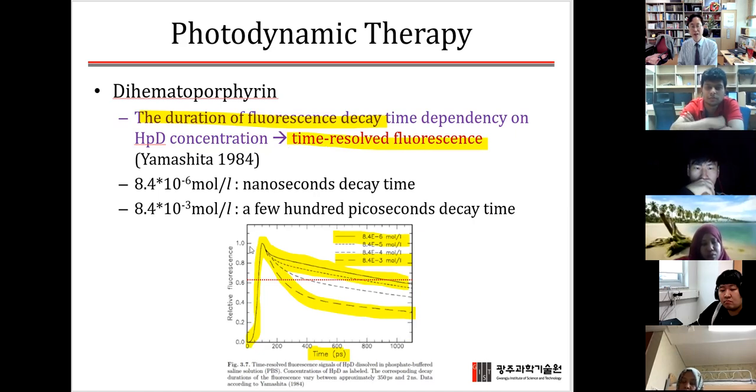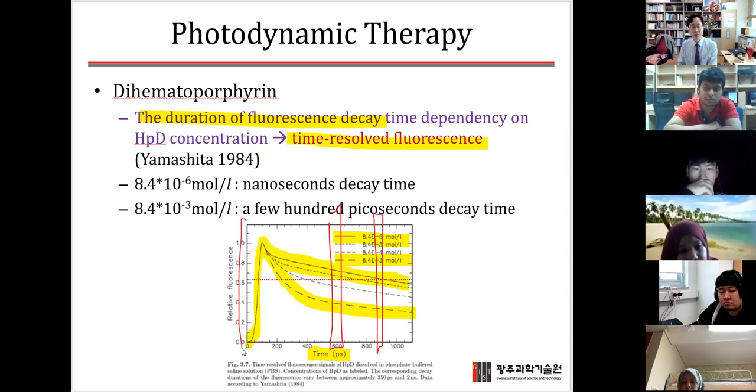So by having the decay time measurement, you can also identify the tumor from the non-tumor region. Let's say you are going to have time-gated measurements like this or maybe like this. After giving the excitation light at 0 seconds, you wait for 600 picoseconds or maybe 900 picoseconds, and then collect the fluorescence signal intensity.